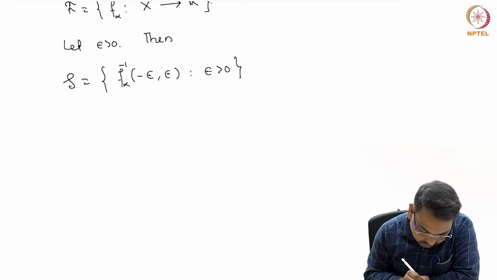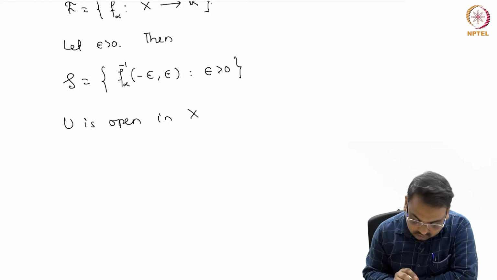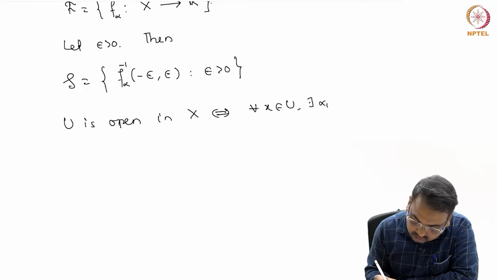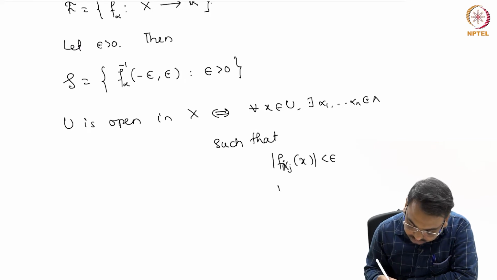So U is open in X with respect to this weaker topology if and only if for every x in U there exist alpha 1 up to alpha n in lambda such that modulus of F alpha j of x is less than epsilon.